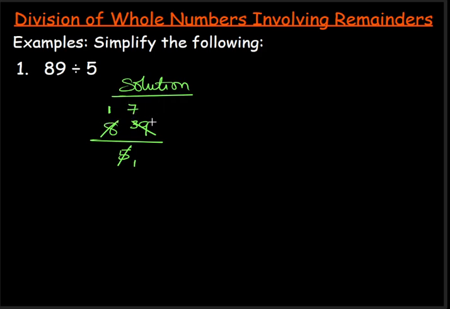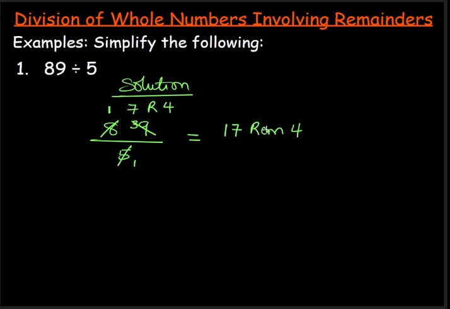And then this is our last one, nothing else to attach the remainder, so that makes it the final remainder. That will give us remainder 4. So if you are putting this down, our answer will be 17 remainder 4.